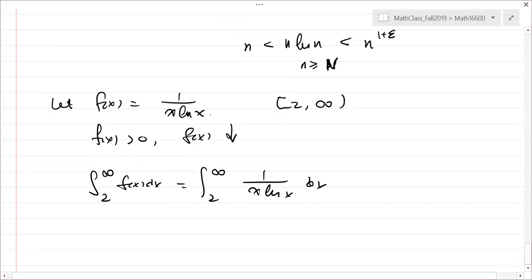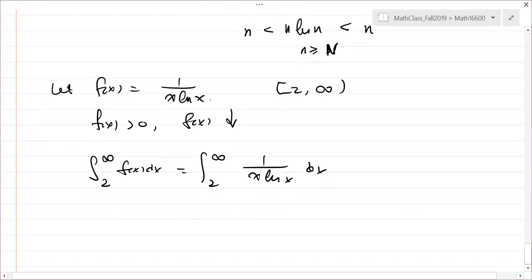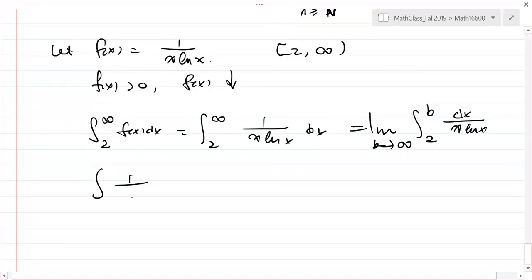Right, so can we integrate this? Answer is yes. This is going to be the limit as b approaches infinity of the integral from 2 to b of 1 over x natural log x dx. I cannot get the antiderivative directly, so I have to do some computation. I use a substitution. u is going to be natural log of x, so du will be 1 over x dx.